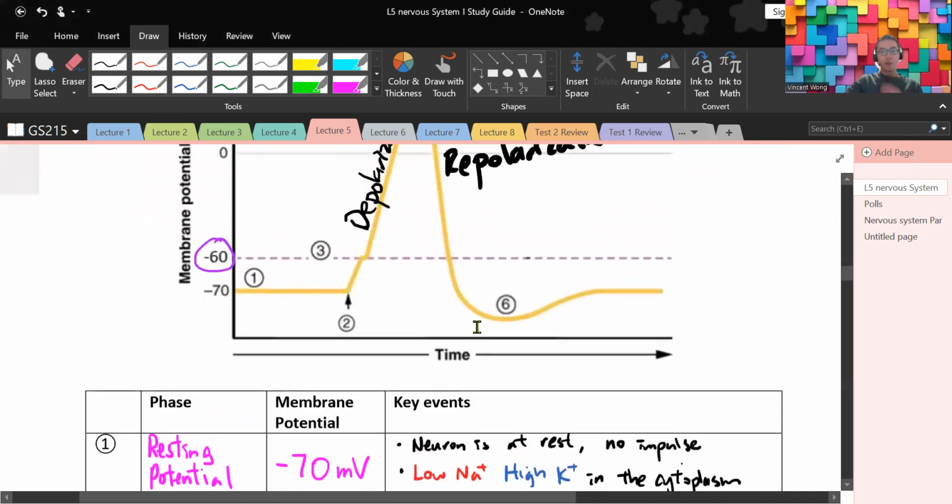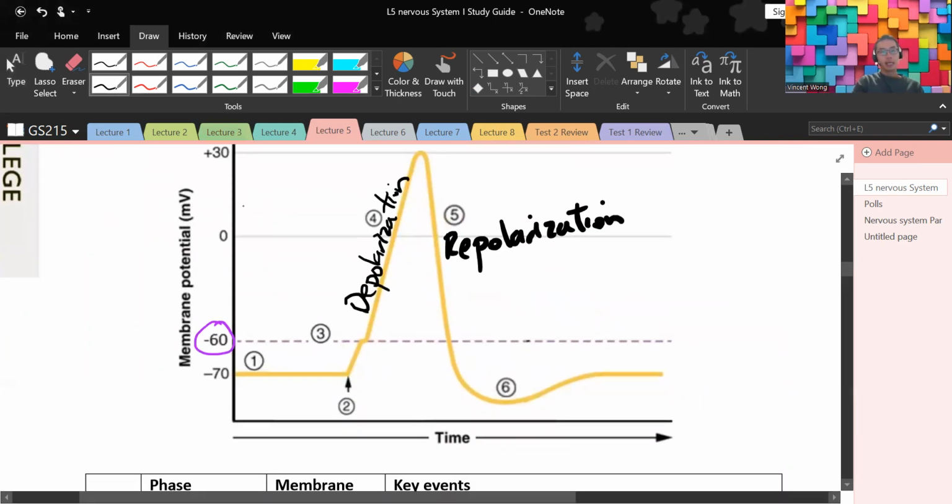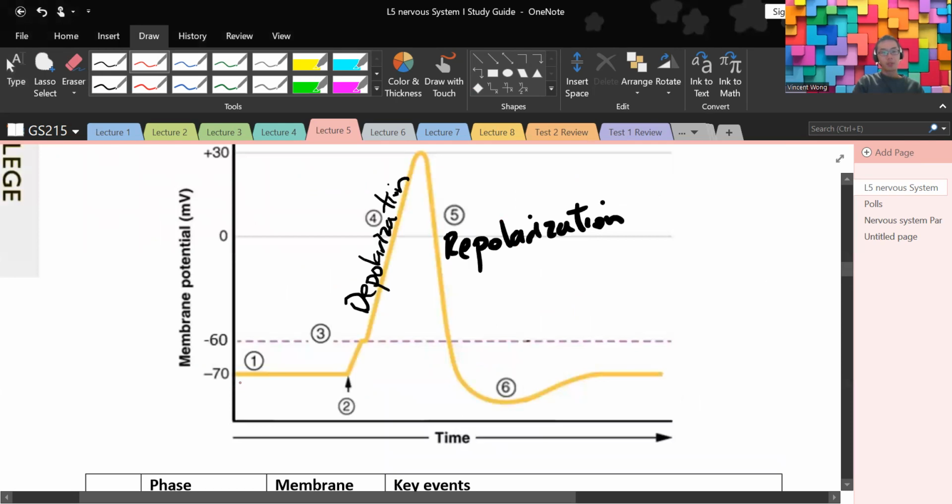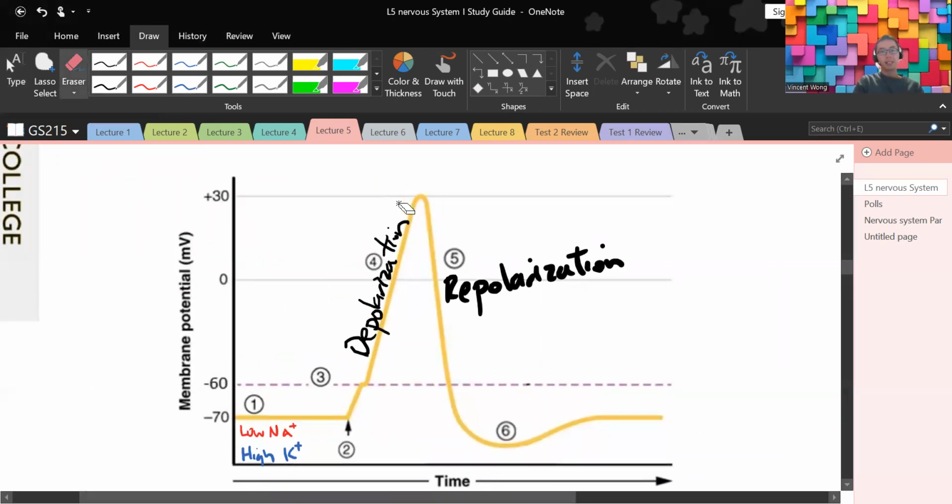All right, so let's go back up here once again. I'm gonna put a few more markers here just to remind you. We started with the low sodium and high potassium. Okay. What about at the peak here?